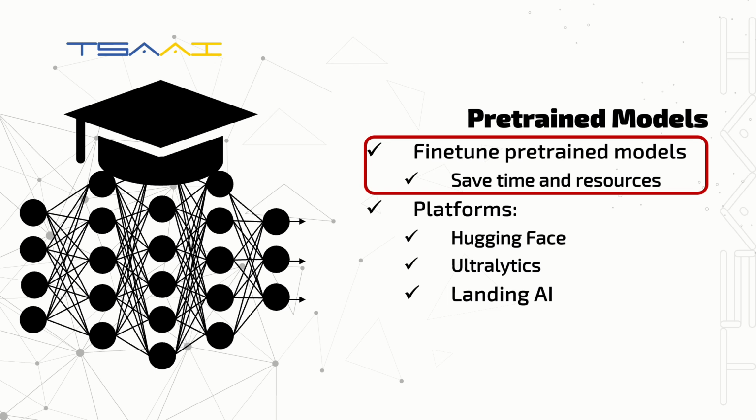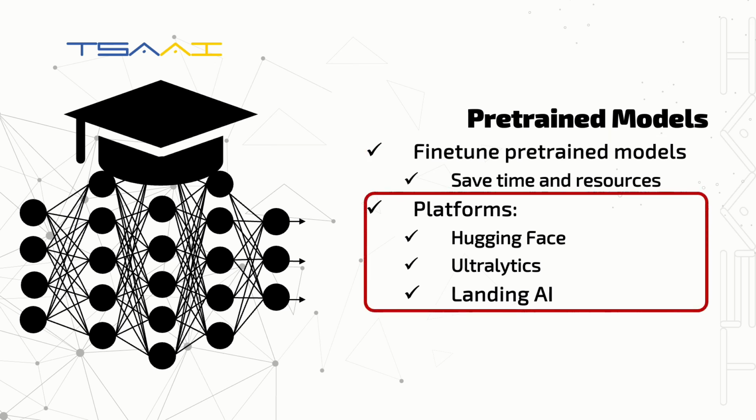Just as with datasets, there are also AI community platforms that host thousands of pre-trained models. The most popular example is Hugging Face. Platforms like Ultralytics or Landing AI even offer an easy-to-use web platform where you can label your data and fine-tune existing computer vision models to your own data.